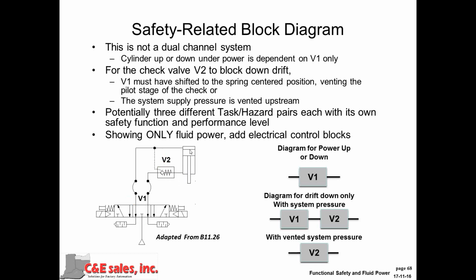So power up and power down safety is a single channel. Drift down is a single channel, but notice it has 2 failure modes, V1 and V2. And if I vent the system here, then I can hold that piston up without regard to the functionality of V1, because if the supply line is vented, the pilot will be vented as well. So I will hold that cylinder up with the check valve.